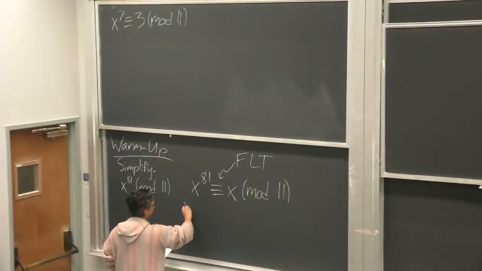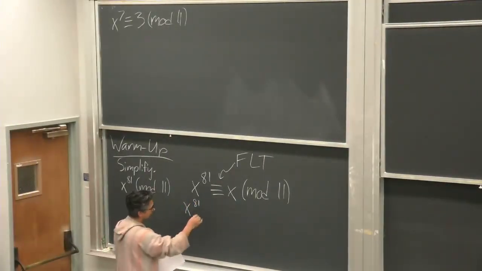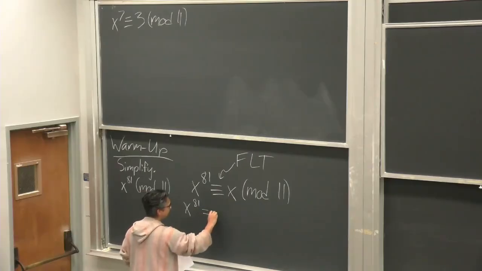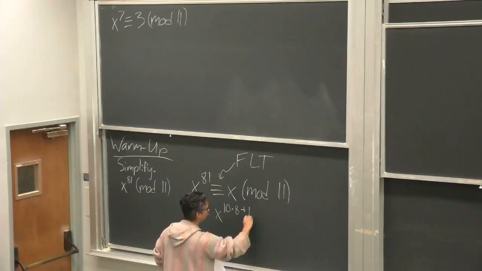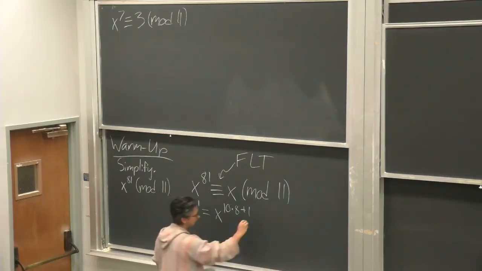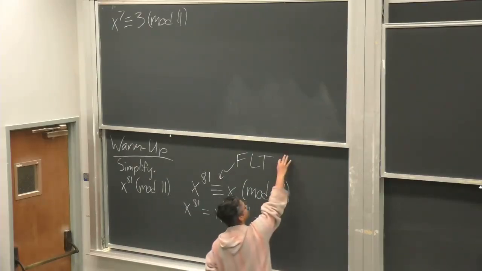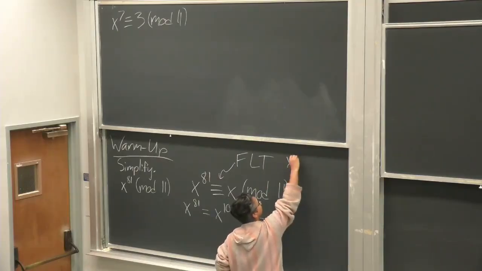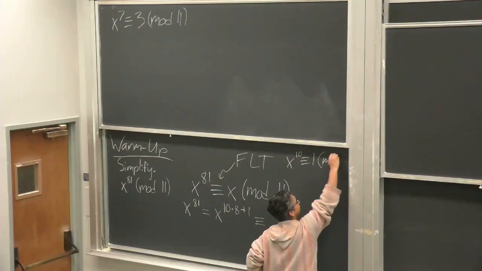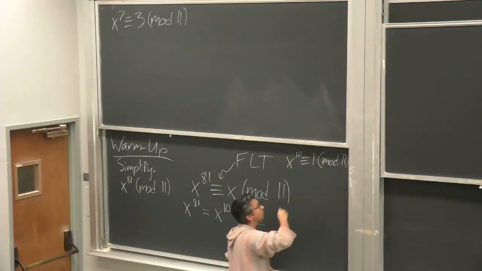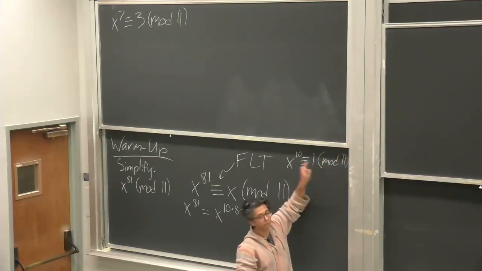x to the 81 is x to the 10 times 8 plus 1. Well, first off, what is Fermat's little theorem? In this case, it's going to be that x to the 10 is congruent to 1 mod 11. That's Fermat's little theorem because 10 is just 11 minus 1.